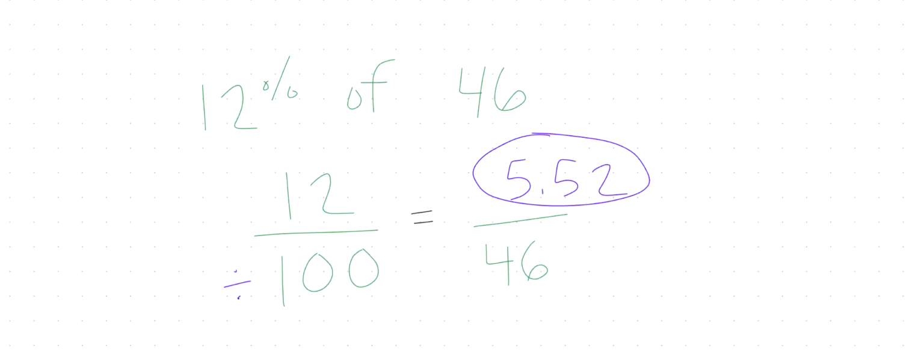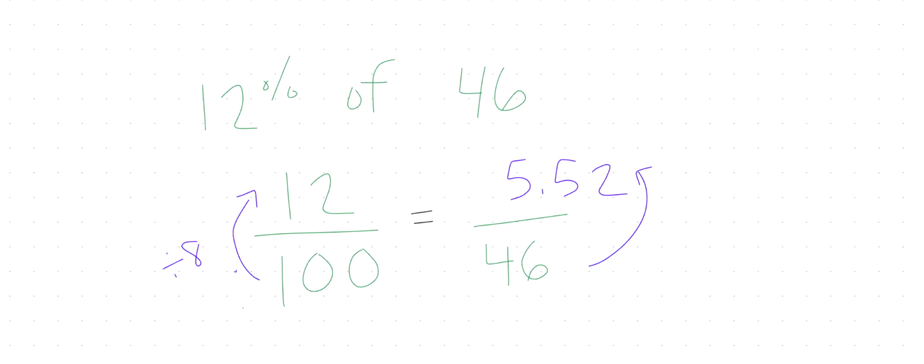Now that we have our 5.52, let's go back and prove the other parts. So 100 divided by 12 should be the same relationship as 46 divided by 5.52. Follow along with me on your calculator. 100 divided by 12. From bottom to top, I'm dividing by 8.3, so it's 8 and a third.